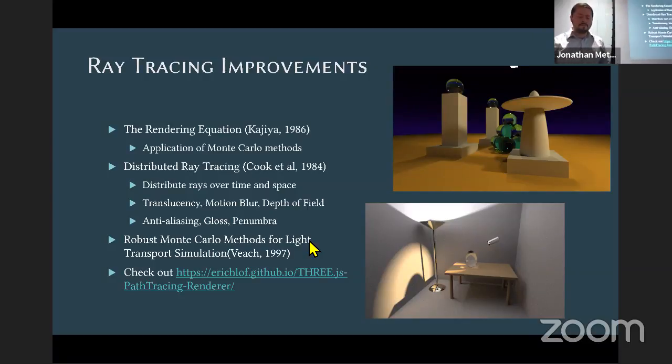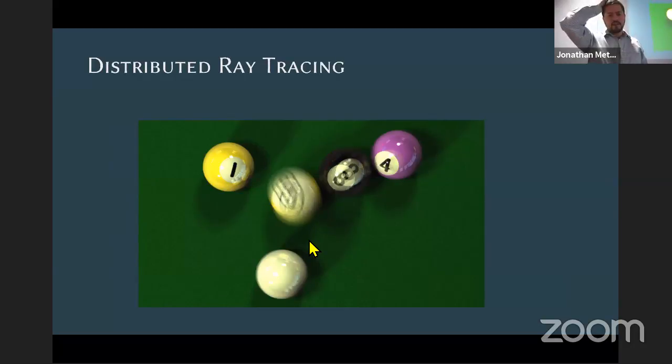And then in the 90s, we got some better methods or more robust methods for actually doing path tracing in real time, which we looked at last time. This is an image, a classic image generated. Well, this is a recreation of the image, but this was the distributed ray tracing.